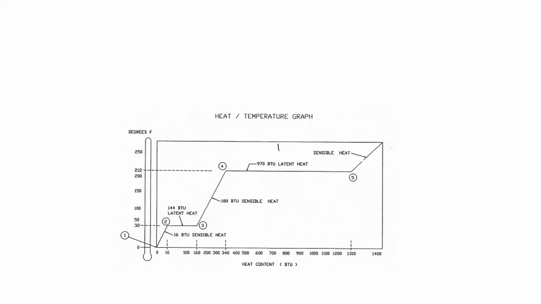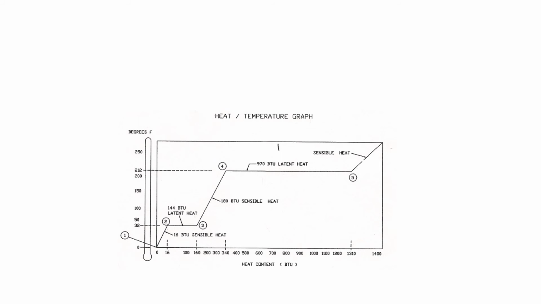The graph depicts how much heat is transferred to a pound of water at different temperatures in the different states the water is in. When the water is in the solid form, it takes 16 BTUs of sensible heat to raise the temperature from 0 to 32 degrees Fahrenheit.